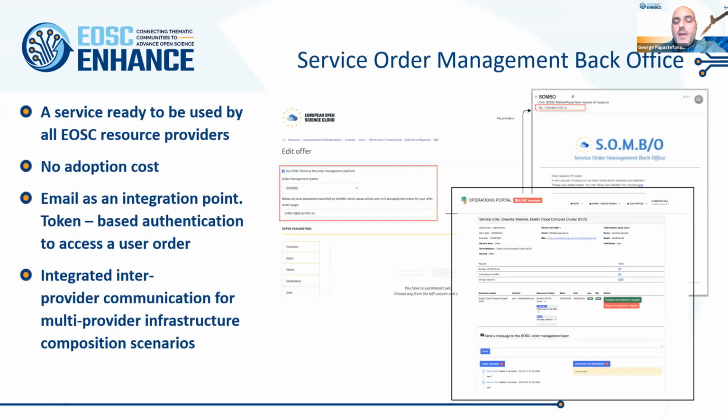Behind this, there is a service order management back office, SOMBO, which accepts all orders performed by users at the front office. SOMBO is a service ready to be used by all EOSC resource providers. There is no adoption cost, and all actions performed by users notify providers via an email, which you can trace back via a token for recording all orders coming to your resources.